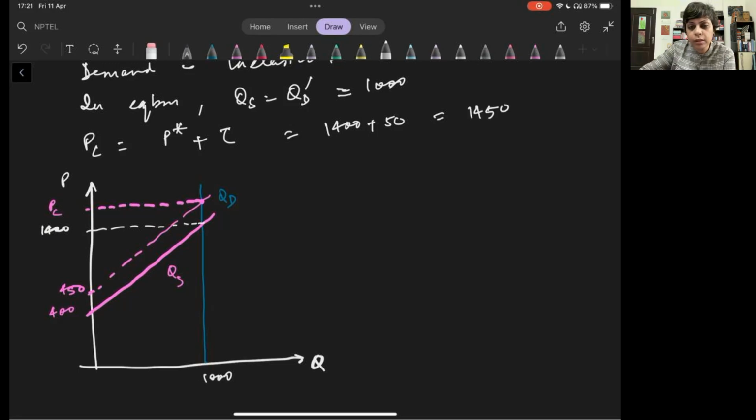Now what exactly is the question asking us? The question is asking us what are the producer and consumer surplus after the tax? What is the deadweight loss? How much tax revenue is generated by the government? In this case, we know the producer surplus and consumer surplus are not calculated the conventional way.